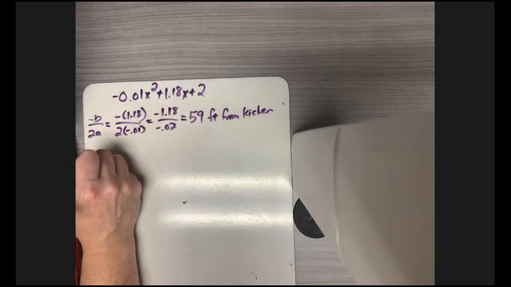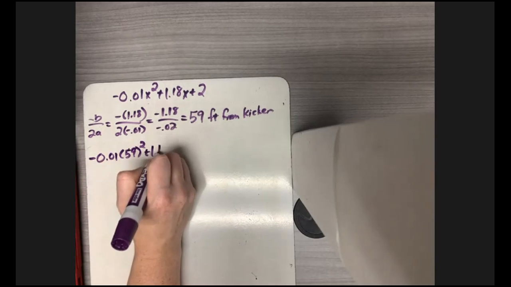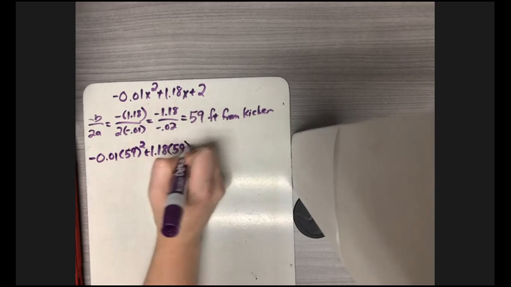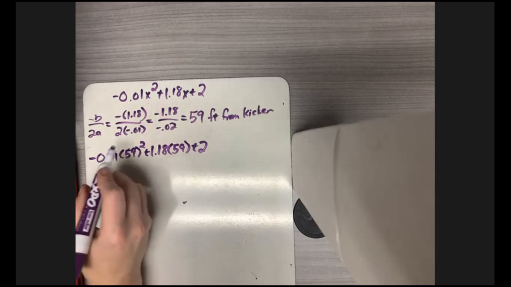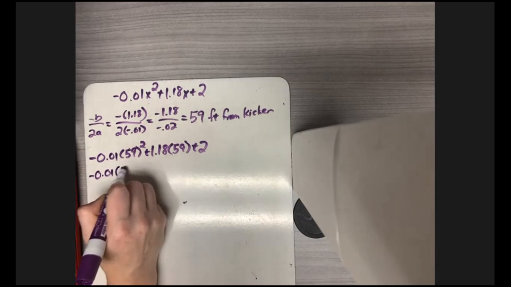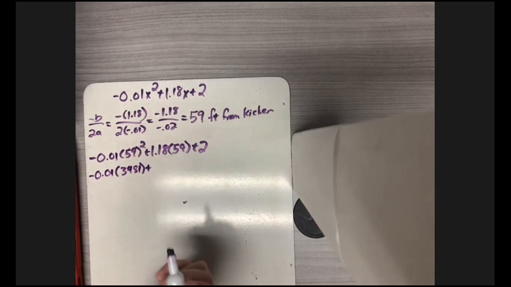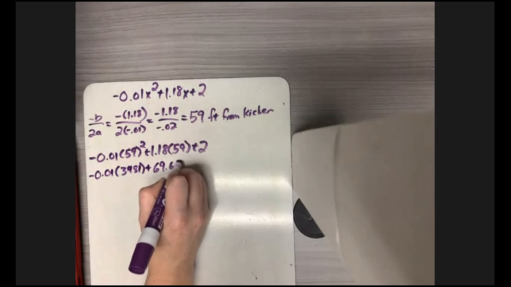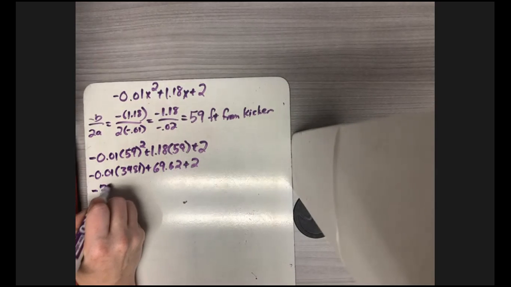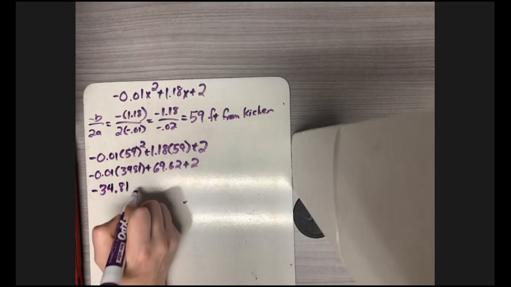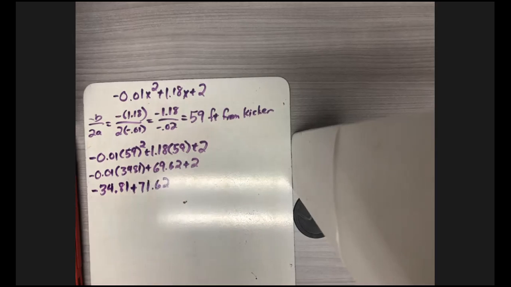Now we're going to plug in 59 for x in all of our locations here. 59 squared is 3,481, and multiplying by negative 0.01 gives negative 34.81. 1.18 times 59 is 69.62, and we've still got our plus 2 on the back. 69.62 plus 2 is 71.62.